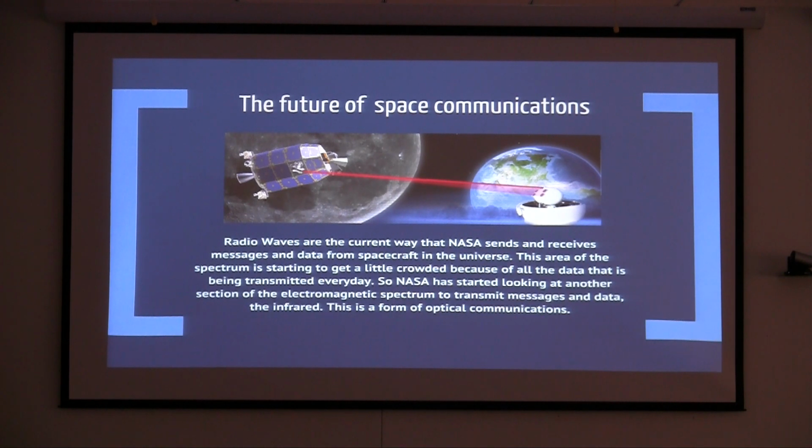And so NASA is starting to look towards the future of space communication and looking past the radio wave portion of the spectrum. And one of the things that they've looked at is optical communications, or the infrared portion of the electromagnetic spectrum, which we are calling laser communications.